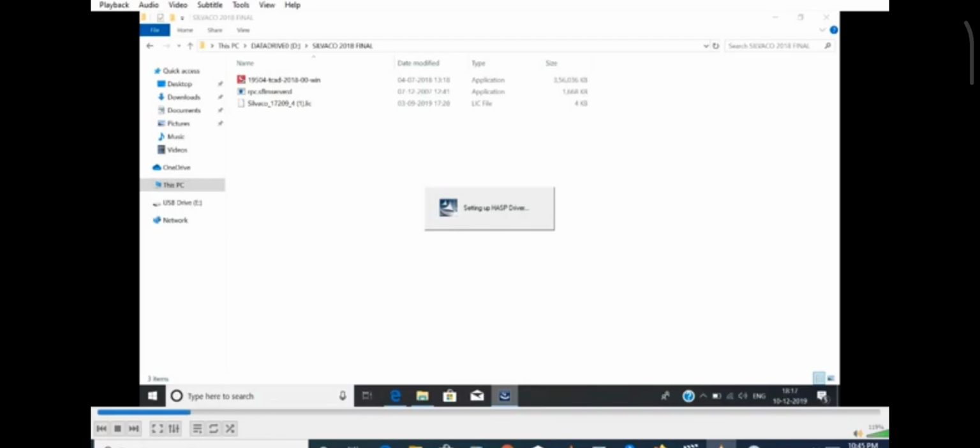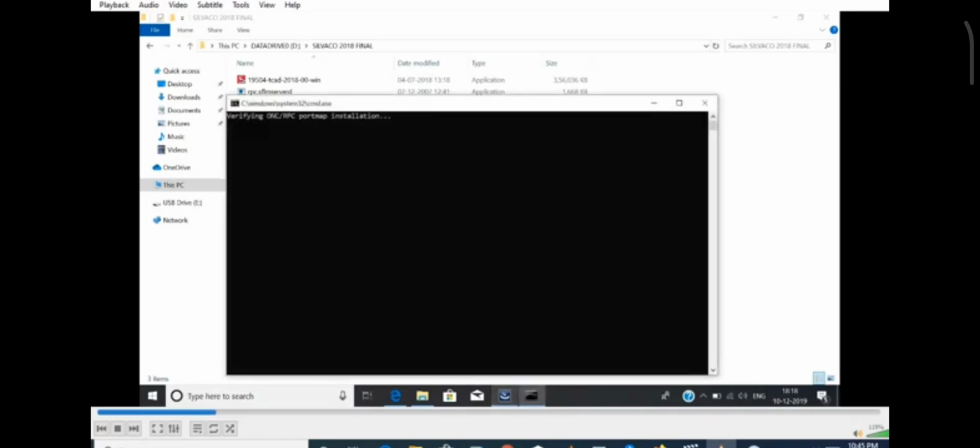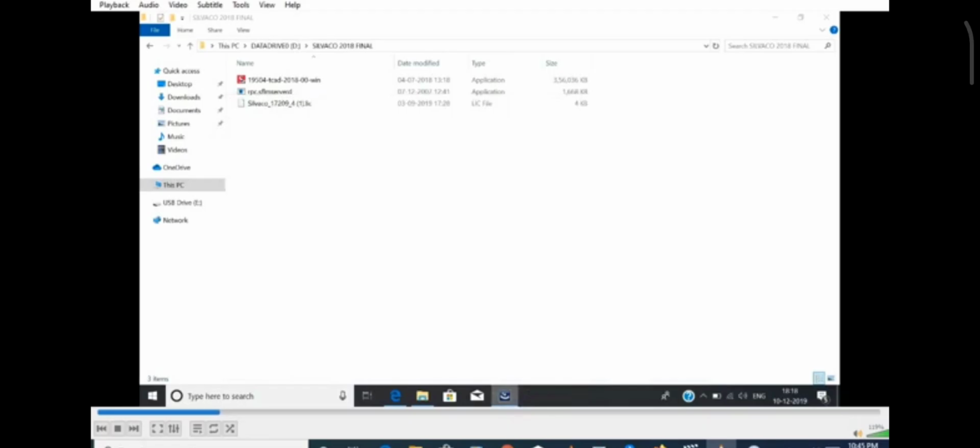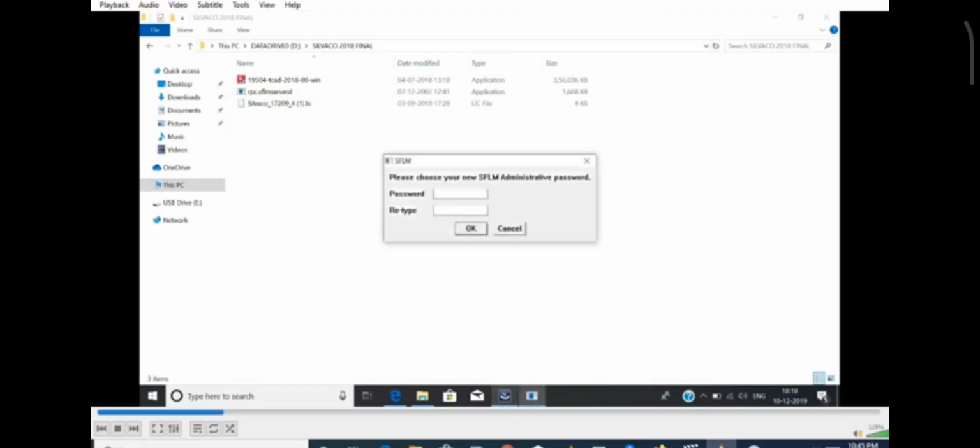After this step, a web page will open in your default browser. In this window you have to set the SFLM administrative password.